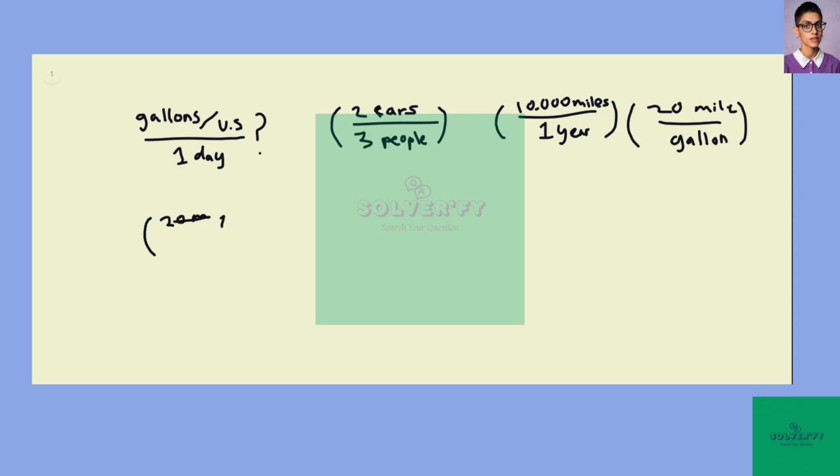So we have 1 gallon for 20 miles, times this quantity, which will have the miles up top to cancel it: 10,000 miles per year.